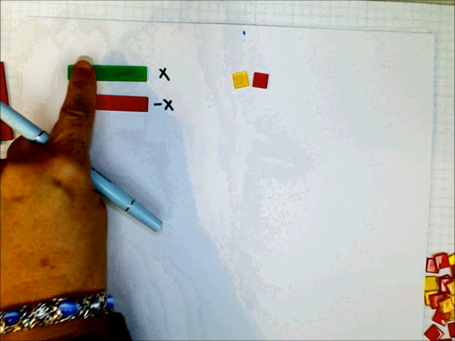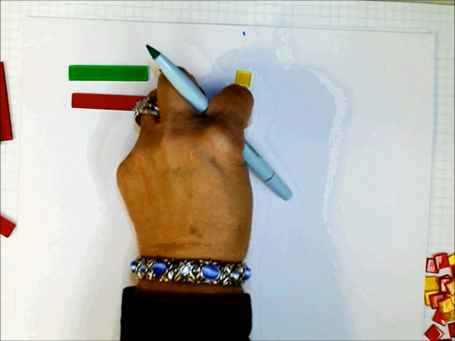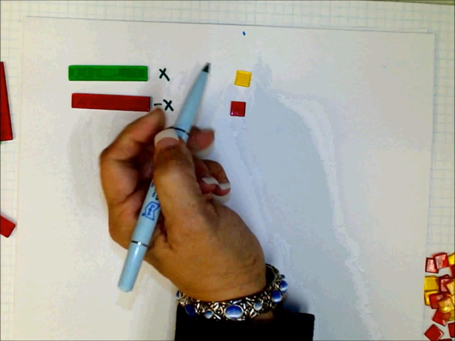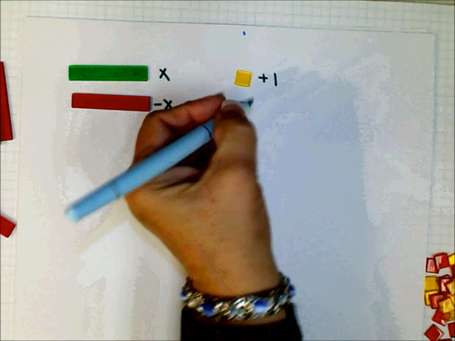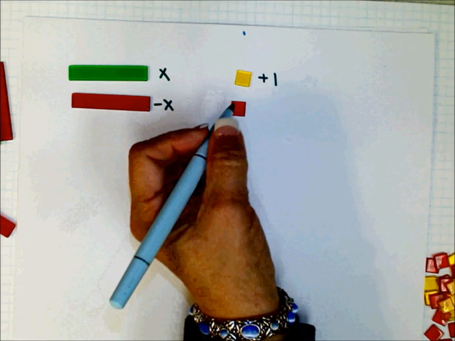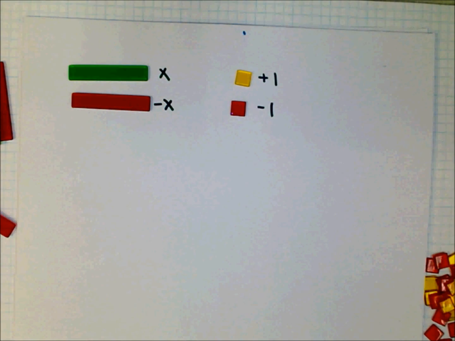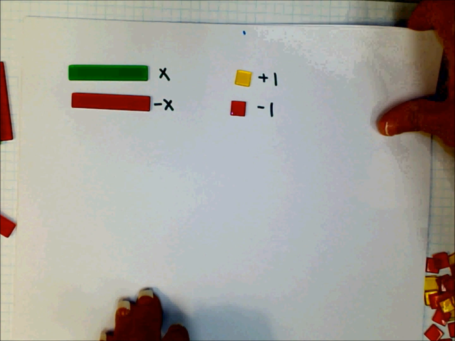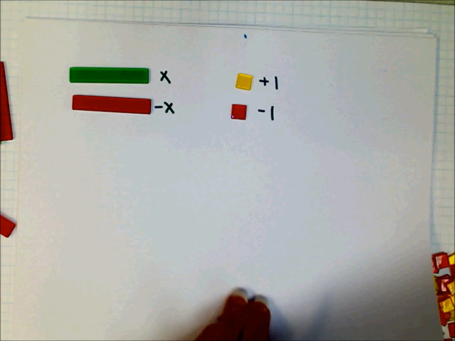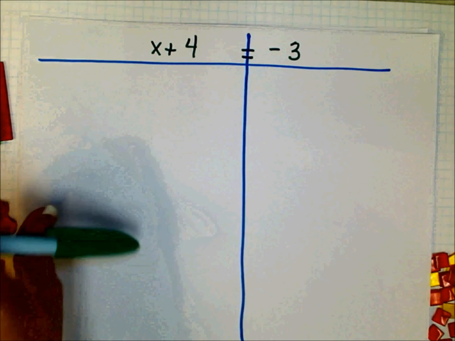In other words, positive x, negative x. We're going to define the yellow square as a positive 1. We're going to define the red square as a negative 1. So we're going to use these manipulatives in order to model our original problem, which was x plus 4 equals negative 3.